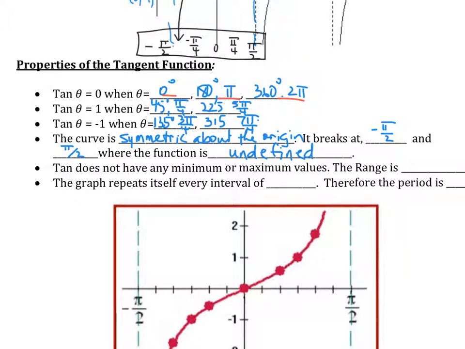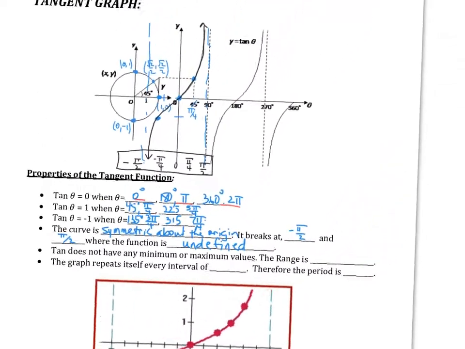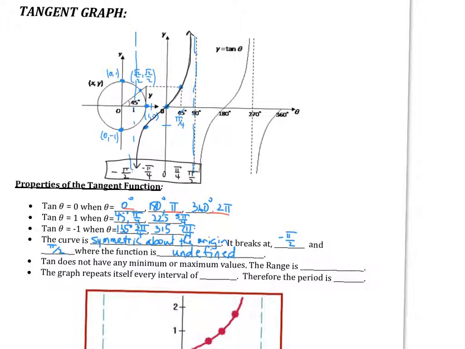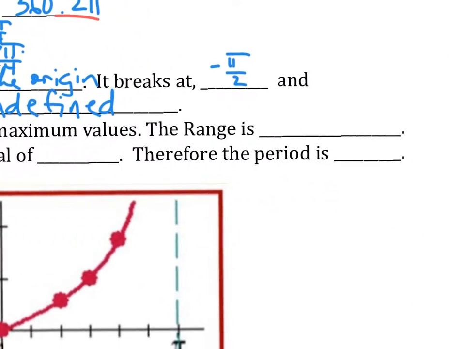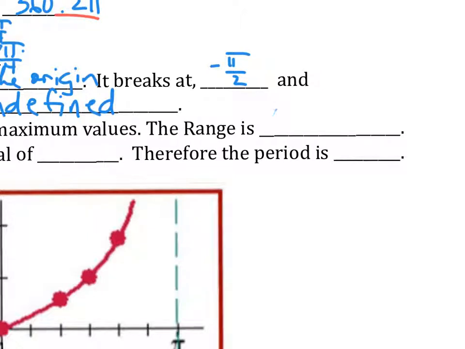All right, your tangent graph does not have a maximum or minimum. If I were to ask what the range of a tangent curve is, noticing that there is an arrow pointing up and there's an arrow pointing down. There are no breaks in between. Negative infinity to infinity. Perfect.